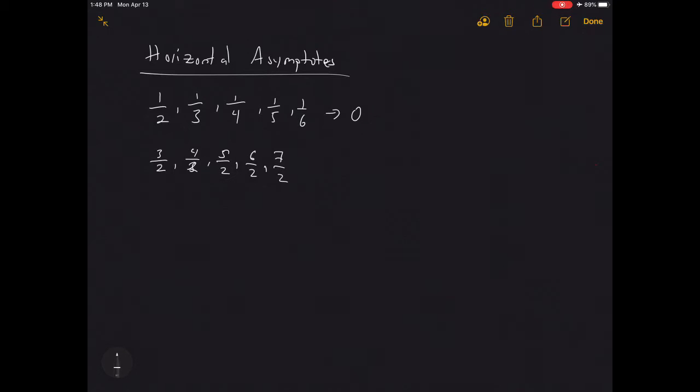As you can see, the overall number just keeps getting bigger and bigger. So what that's telling me is that if the numerator of this fraction grows faster than the denominator does, and it certainly does here, this is just going to keep getting bigger and bigger. It's going to go off to infinity.